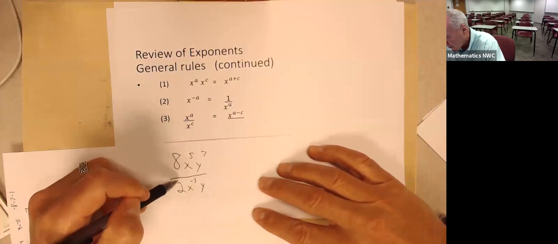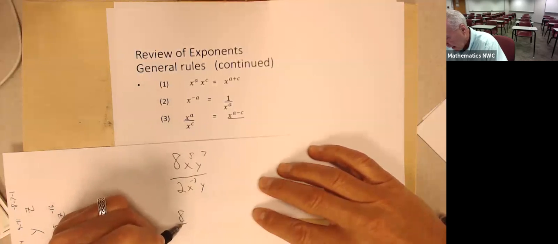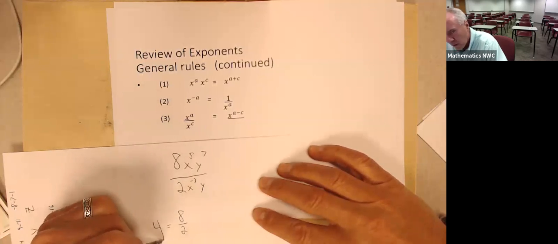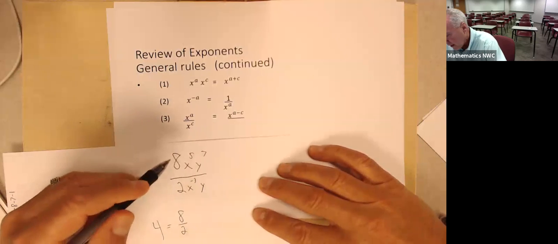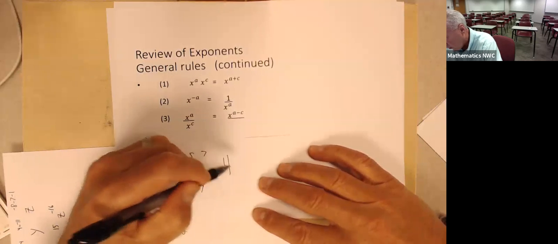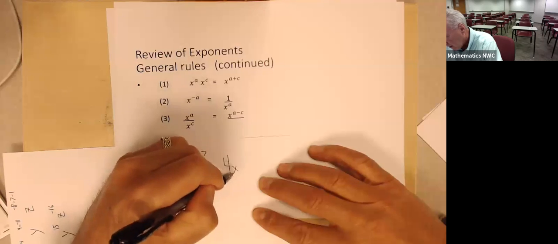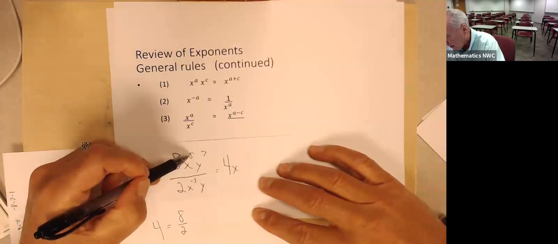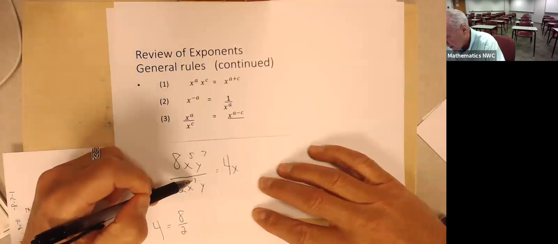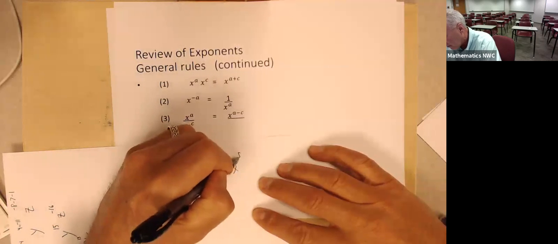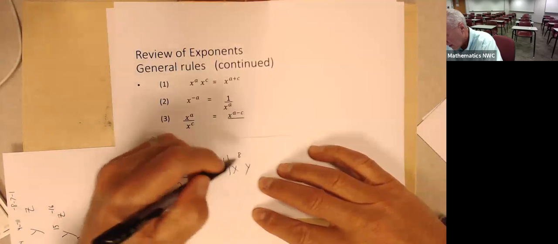These are coefficients. It's no different than 8 divided by 2, which is 4. So 8 divided by 2 will be 4. This x would be 5, subtract the negative 3. 5 minus a negative 3 is like 5 plus 3, or 8.